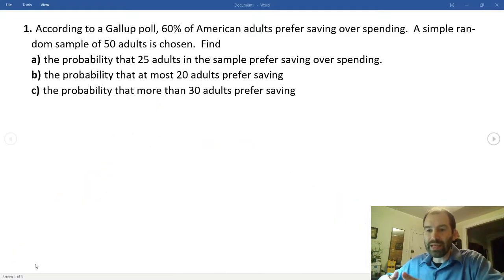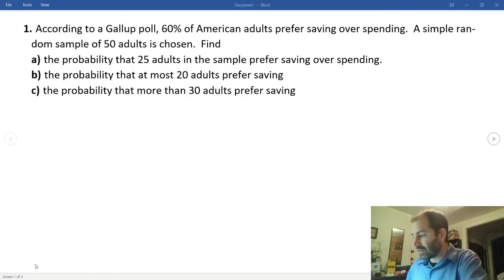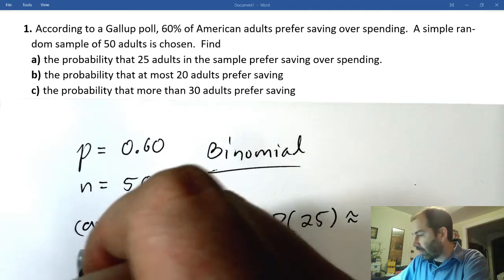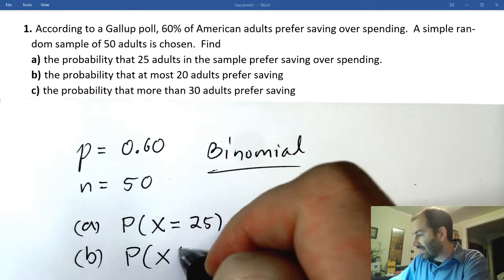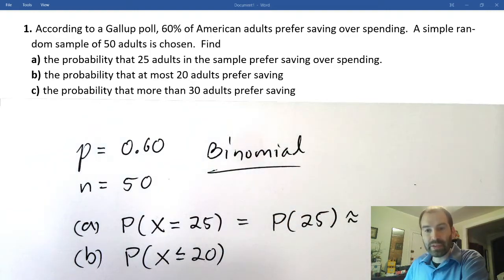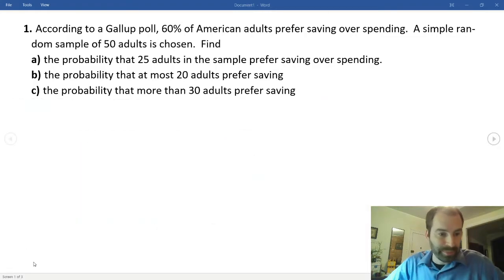Well, at most means you can get that big, but you can't go over that amount. That's the same thing as saying less than or equal to. So what we're really looking for in part B is the probability that x is less than or equal to 20. Okay, so we're going to use the same distribution, but we're going to put this in there. Okay, so let's go ahead and do that.